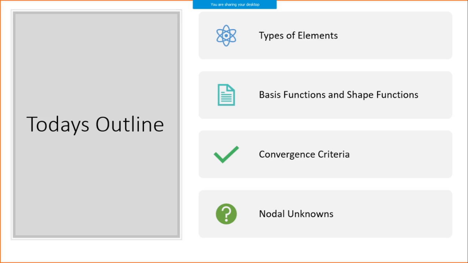What is called behavior is represented in terms of some transfer functions. That is what is typically called a shape function.